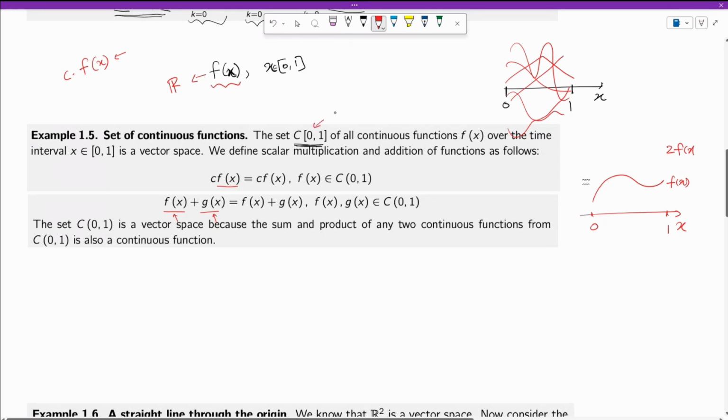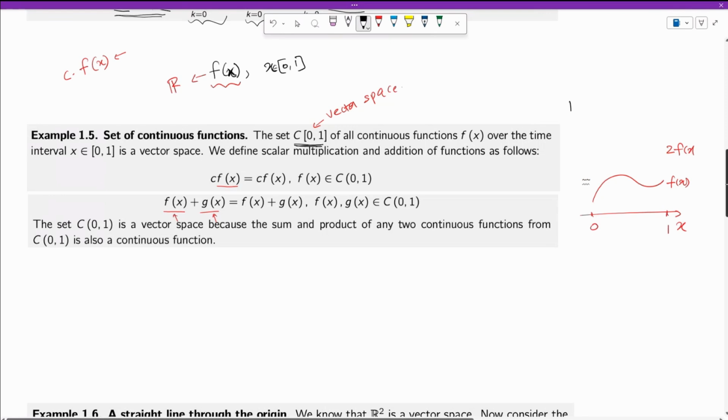So C[0, 1], a set of functions with a finite domain which are continuous, also turns out to be a vector space. I hope this makes it clear that this idea of vector spaces is more general than just a bunch of numbers.